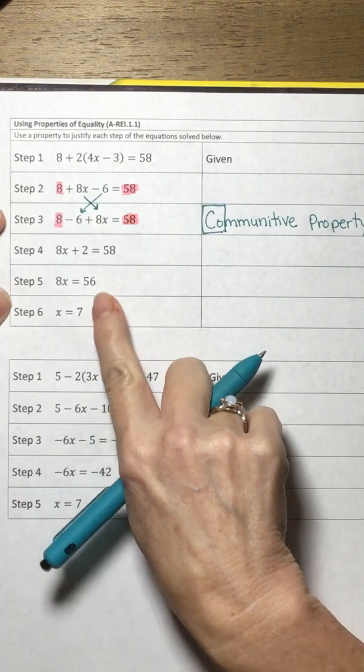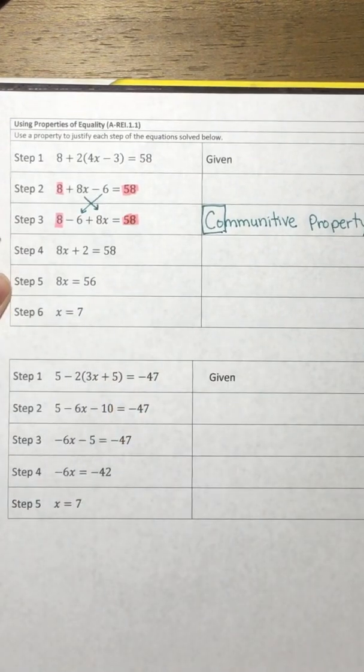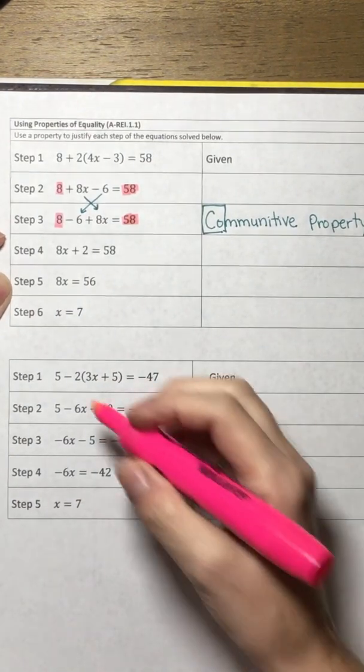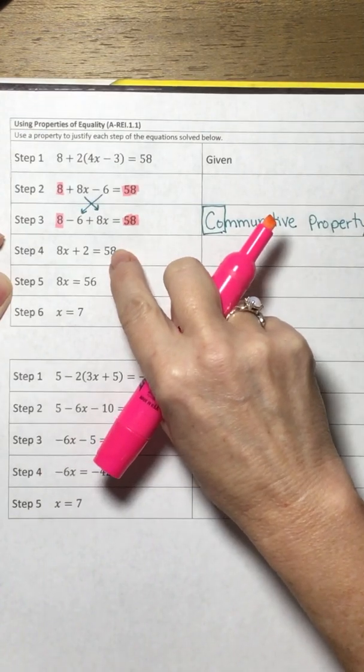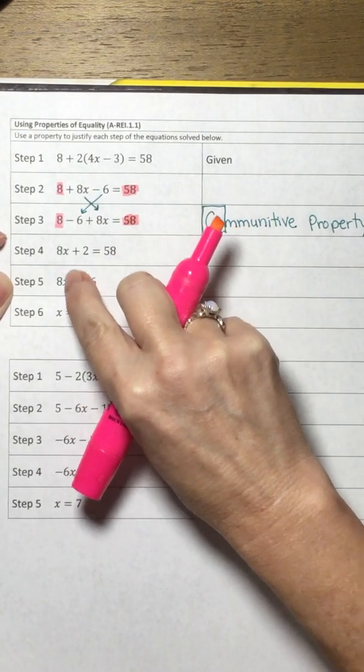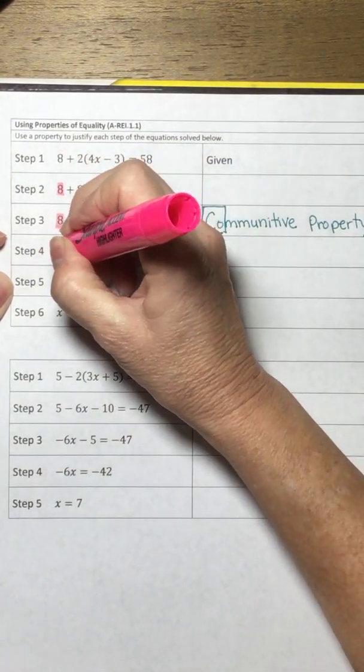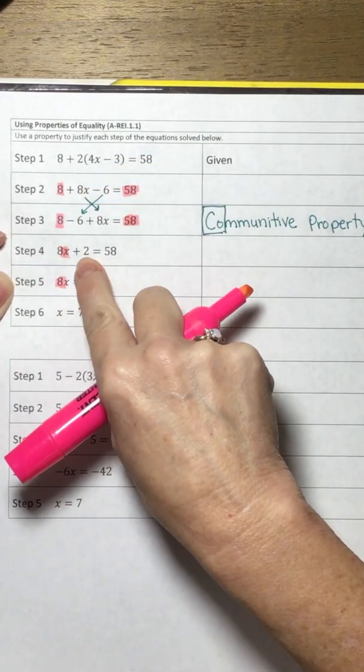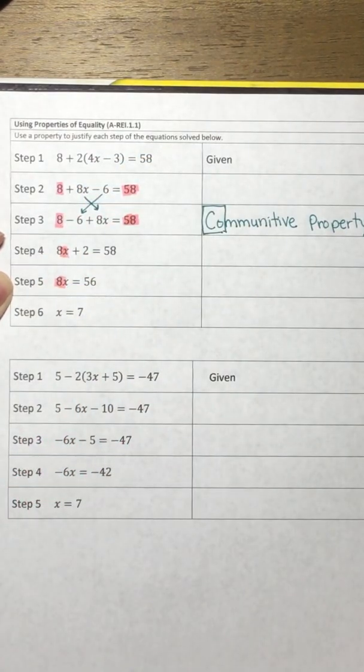Okay, let's jump to step 5. So what did they do in step 5? Well, let's look above. Now I'm going to notice that this has changed and the 8x is the same, but the 2 is no longer here. So that means both sides of the equation have changed. So we know we're talking about one of our properties of equality.